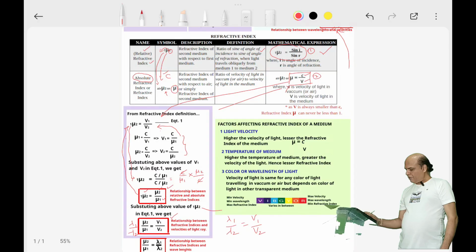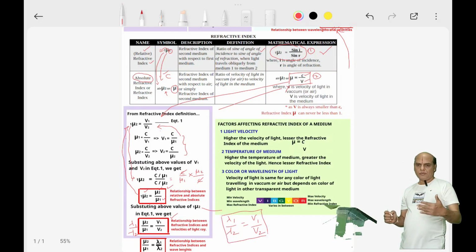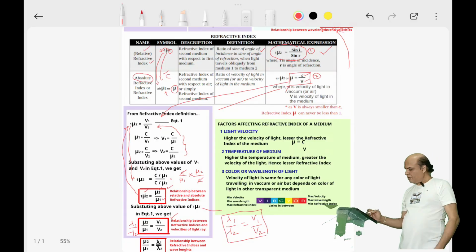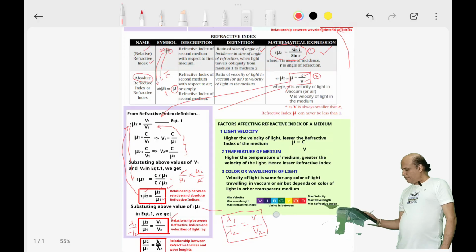So if you are following 1 and 2 like this, v1 will also be 1 and 2 because they are directly proportional. We saw that man walking analogy. If the single step is longer, then distances will be longer. So wavelength lambda 1 by lambda 2 is v1 by v2. But when you take refractive index, mu1 by mu2, this pattern will reverse to v1 by v2.